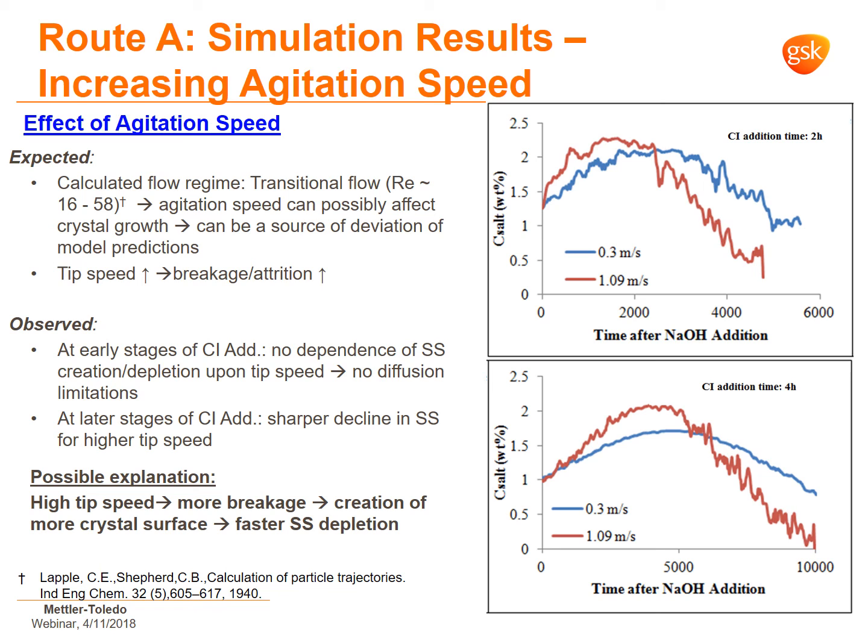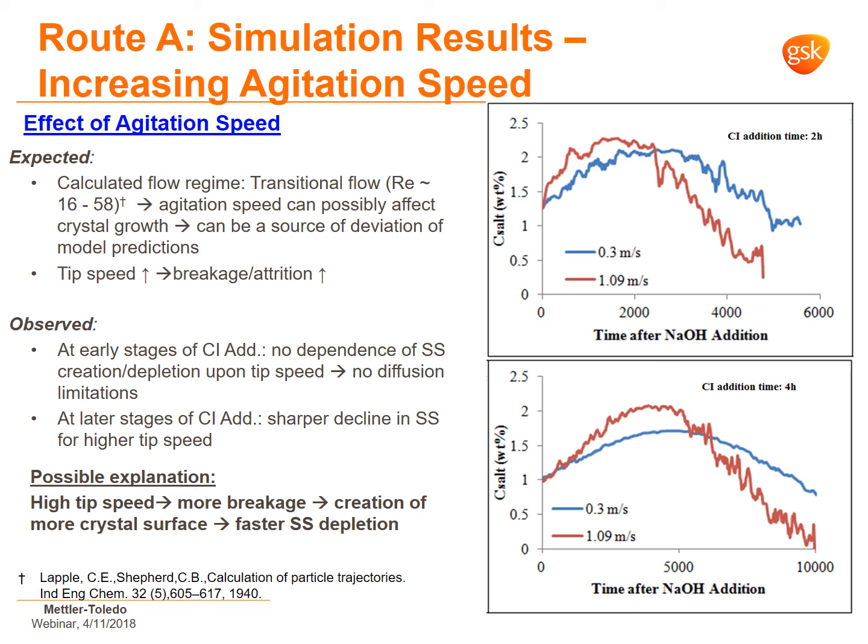As you can see, with a higher tip speed, initially we have more or less the same concentration, but at the higher tip speed, the concentration drops faster. We do believe that's because at a certain time, the breakage starts to become more important, especially for the higher speed. You're generating more surface available for growth.